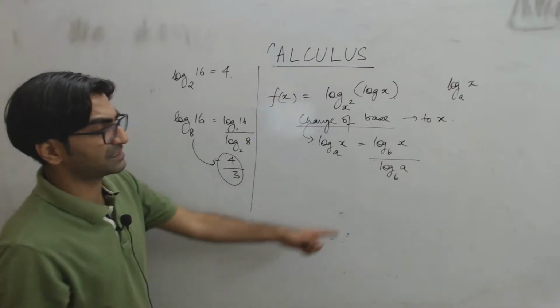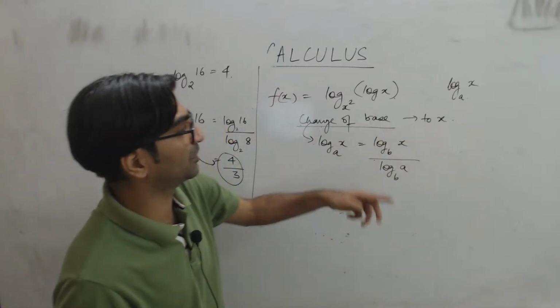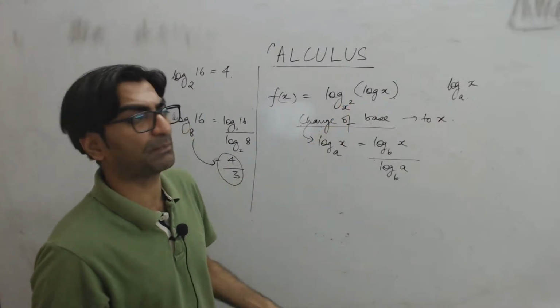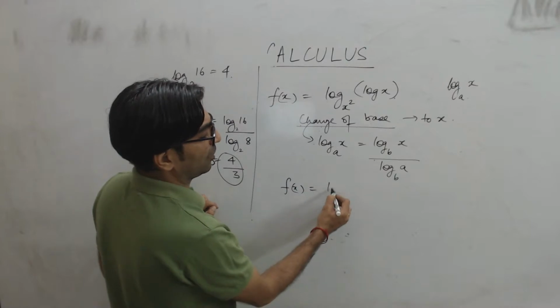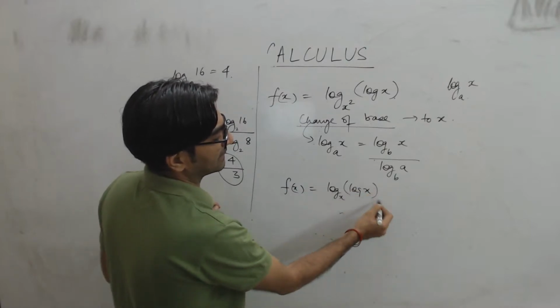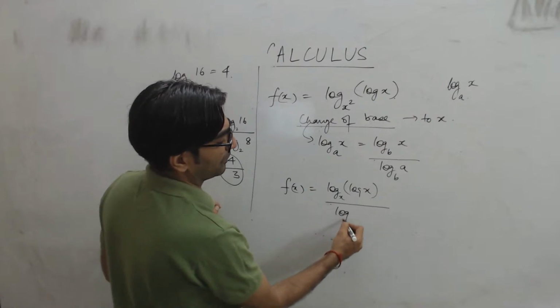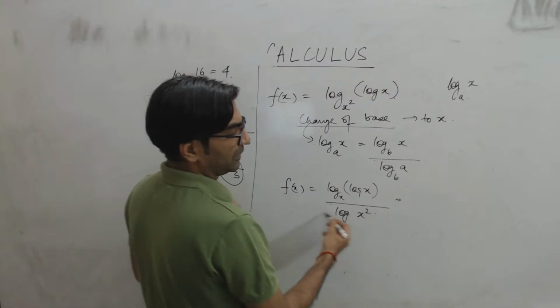So if I know this, here I will choose a base b as x because the base itself is a power of x. So f of x will then become log of log x in the base x divided by log of x square, which obviously when you have an exponent the power comes out.